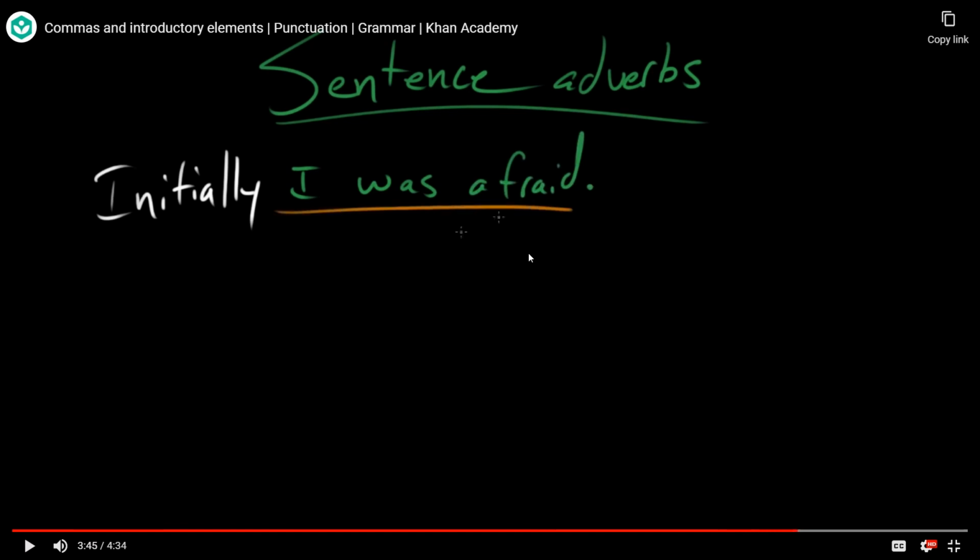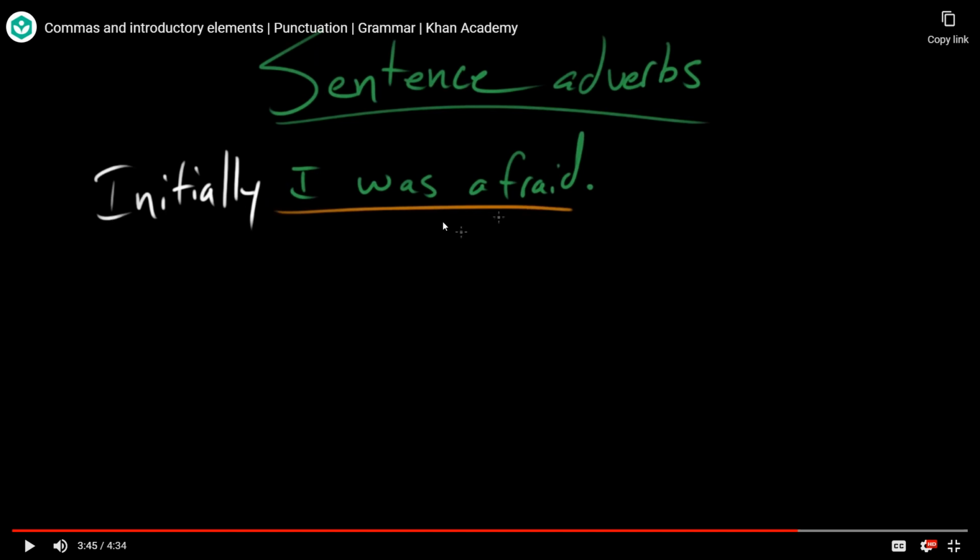Okay. So what he's saying is an adverb is modifying or changing the meaning of the rest of the sentence, right? If you were just to cover up this initially part and just say, I was afraid. Well, that's one way of saying it, right? But if then you add that adverb, which is describing how or when you were afraid, it is saying initially I was afraid.